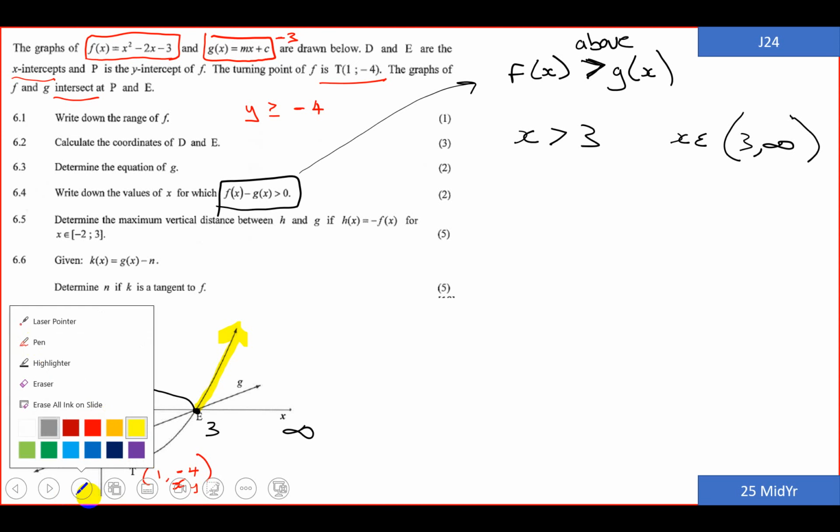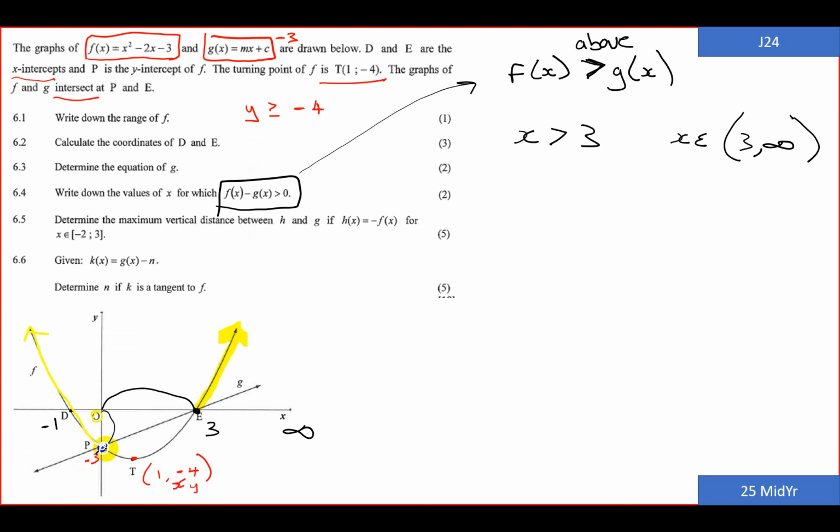So it's from 0 going to negative infinity, which we could write down as x less than 0. Or in interval notation, remember we're going to minus infinity on that side, so x is an element of minus infinity to 0. And there we have our two answers.